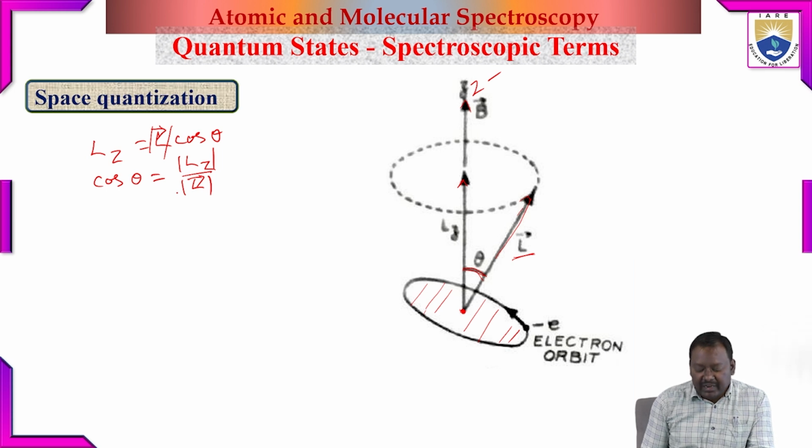But quantum mechanically, these two components, the orbital angular momentum L bar and the component of orbital angular momentum along the direction of field, can be taken as follows.